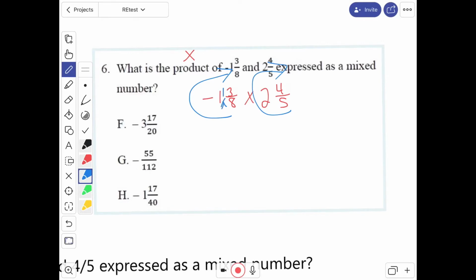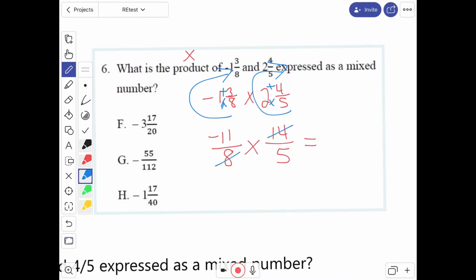So 8 times 1 is 8, plus 3 makes 11. So this is negative 11 over 8 times 5 times 2 is 10, plus 4 more makes 14 over 5. And before I start multiplying, I want to simplify, because if I do that, then I'll have smaller numbers.